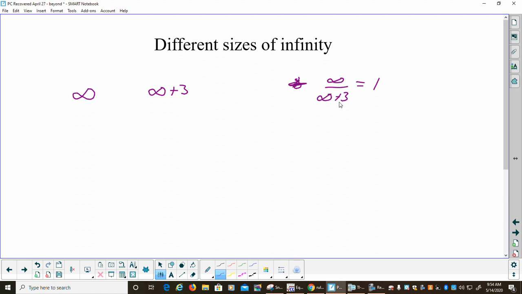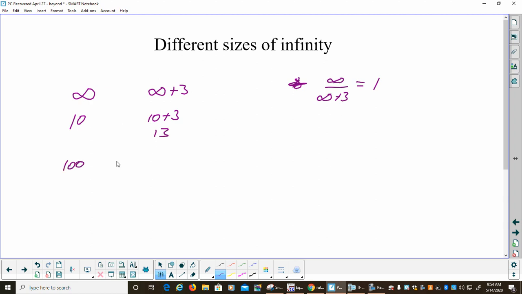Okay? You may think I'm being a little bit fuzzy with the math here. Well, let's just go $10. $10 is representing my infinity. $10 plus 3. Yeah, if infinity was $10, you would notice $13 versus $10.